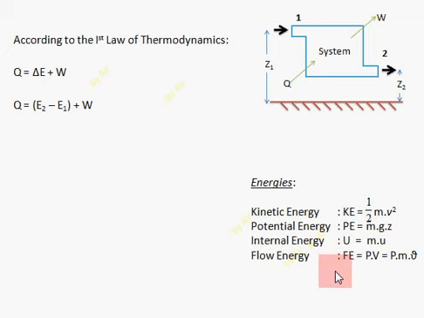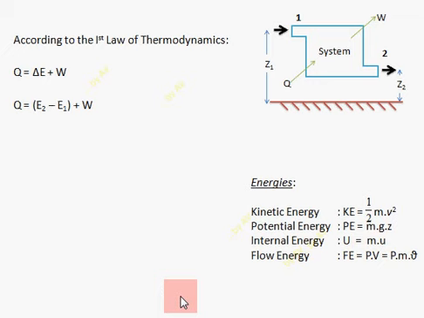This energy is responsible for the fluid to be in movement. So pressure and volume can be termed as the product which is responsible to move the fluid, which can also be written in terms of specific volume, and again it is also with respect to the mass flow rate.